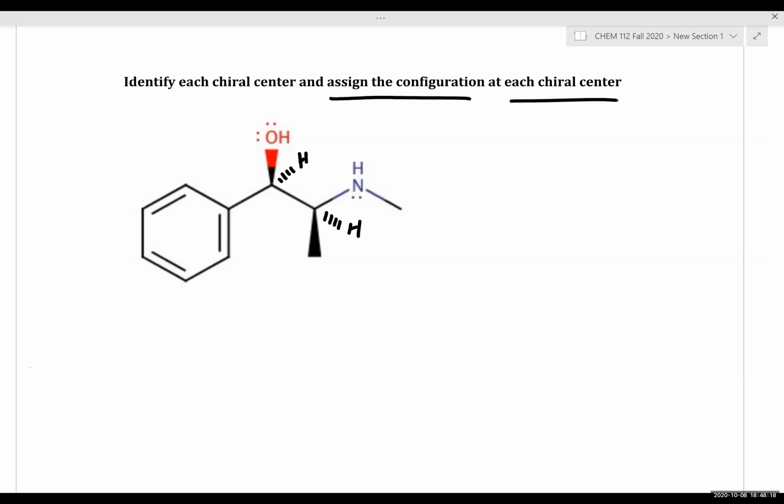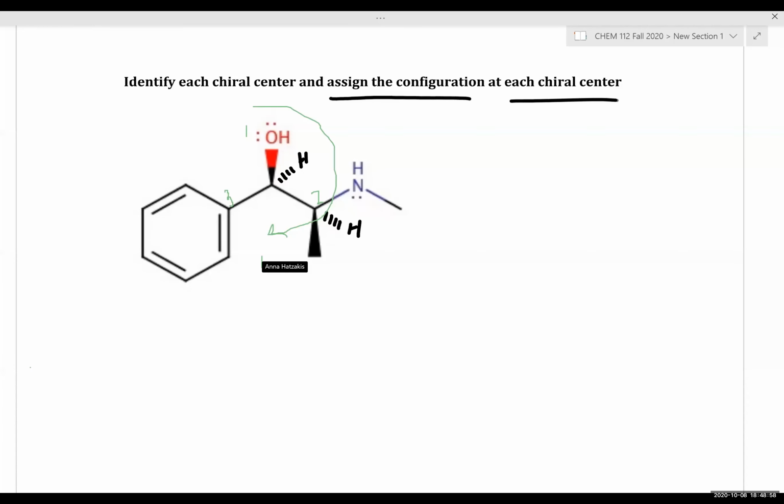So let's try to assign the configuration at each stereocenter, and don't be shy to share any questions you have in the chat. And I'd like to see some responses in the chat for the assigned stereochemistry. And don't be shy to share your responses using the annotate feature or using the chat.